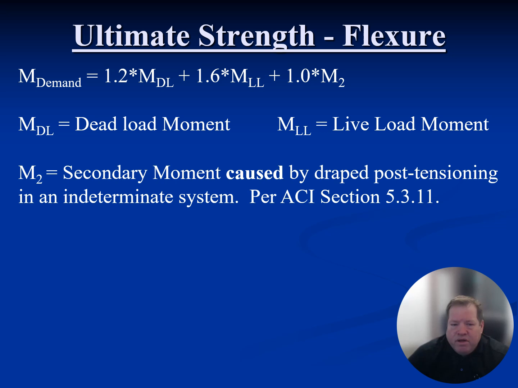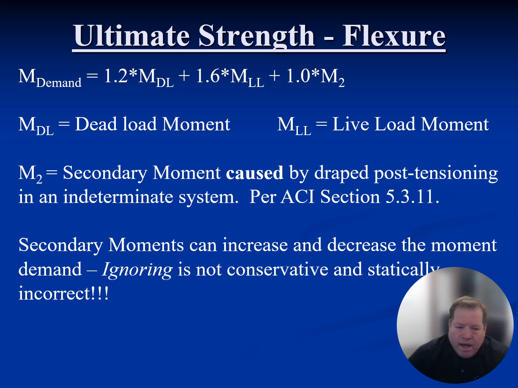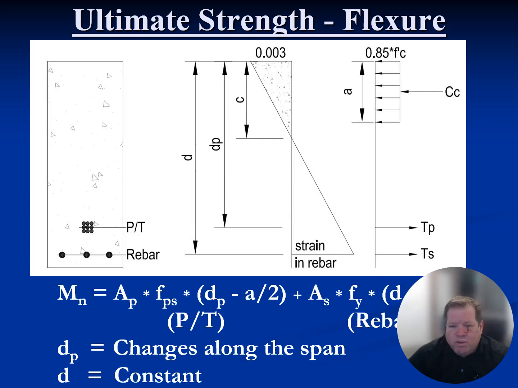The drape of the post tensioning in an indeterminate structure is going to create some shears, some reactions that create moments. You would have to account for that. I realize we're beating a dead horse, but secondary moments will increase the moment demand at certain locations and decrease it at others. So ignoring it is not conservative, and it's also statically incorrect. So we don't want to do that.